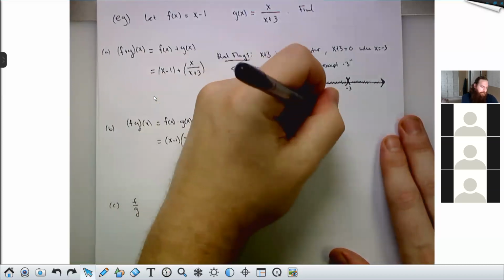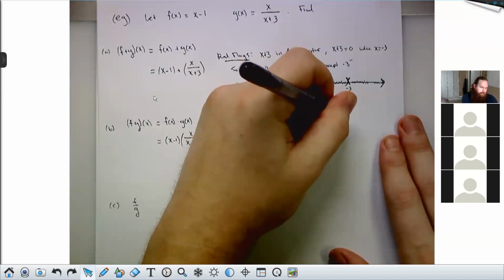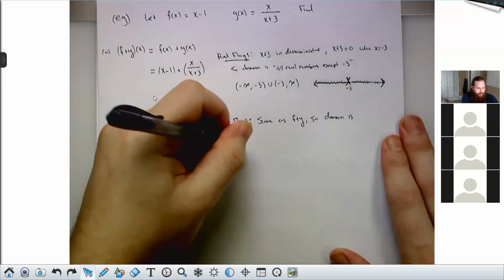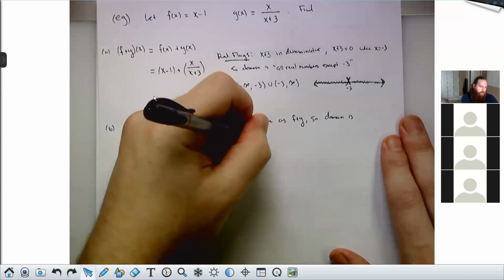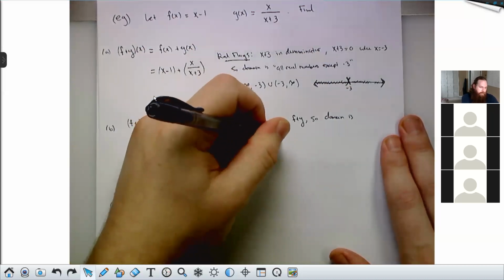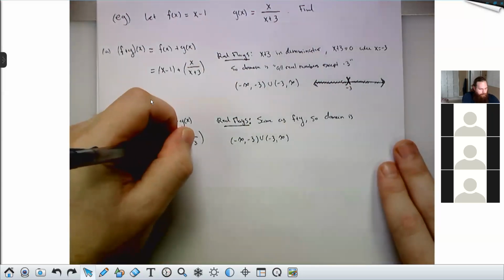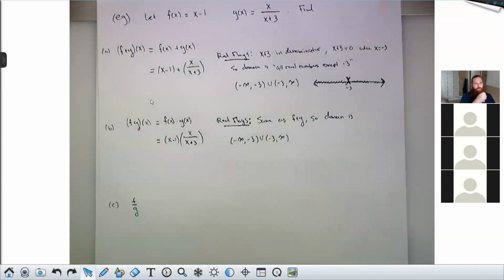So the domain's the same. Negative infinity to negative 3, unioned with negative 3 to positive infinity. It is, yeah, sorry, I wrote minus 3 there. Yeah, plus 3. Good catch, thank you.